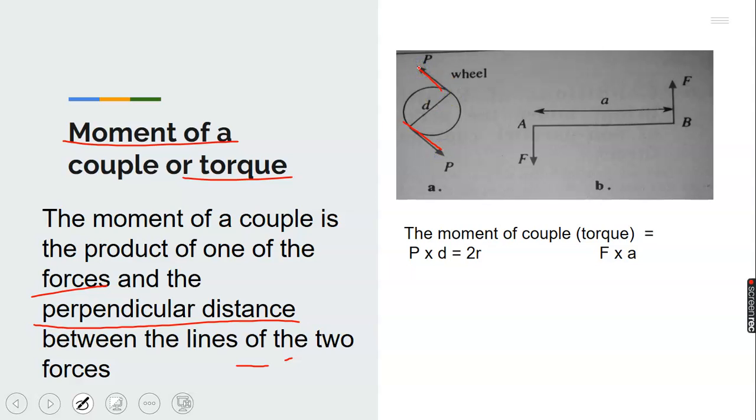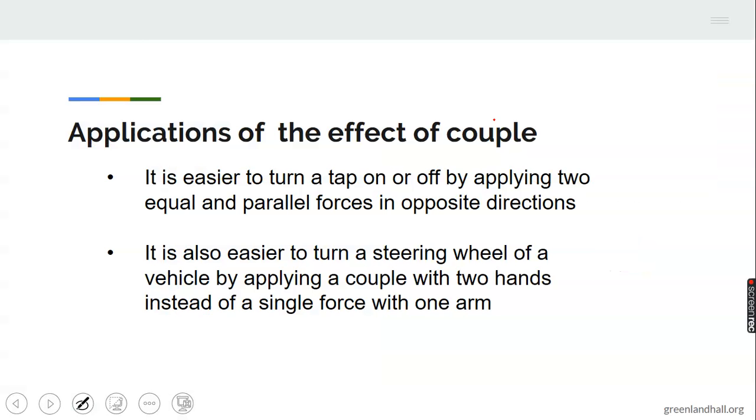To find their moment, that is the force times the perpendicular distance. You can easily use one of the forces because they are equal in magnitude. So this is how to get their moment: force times the distance, just like what we have been doing before.